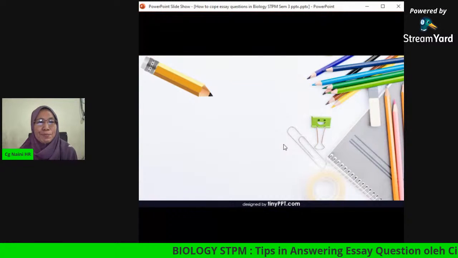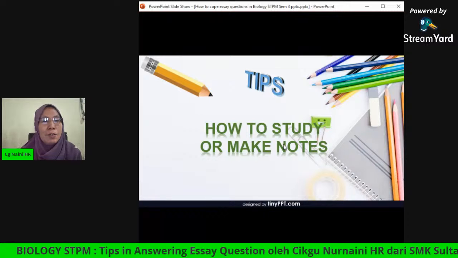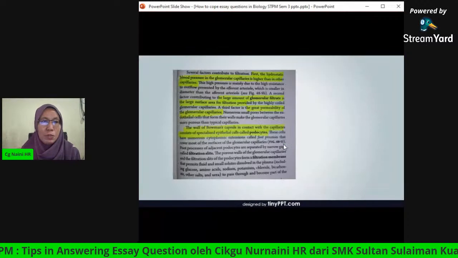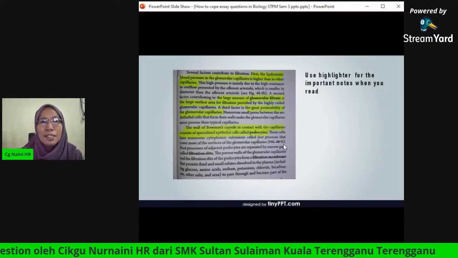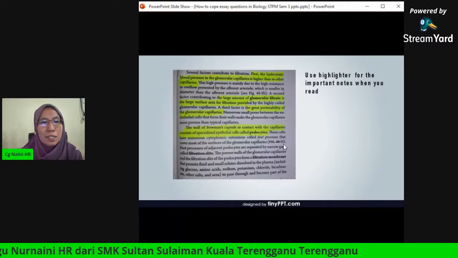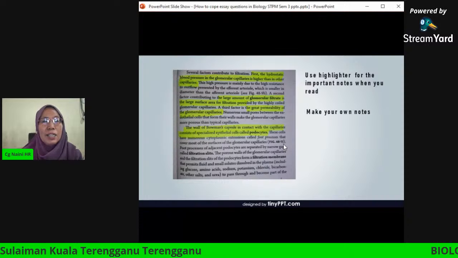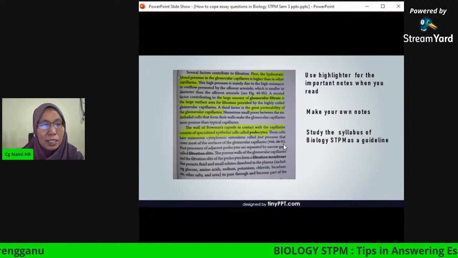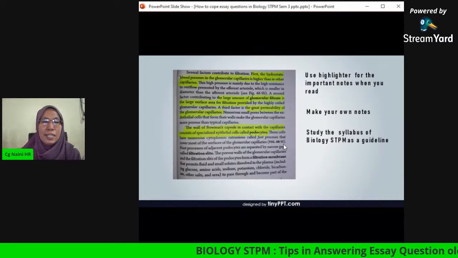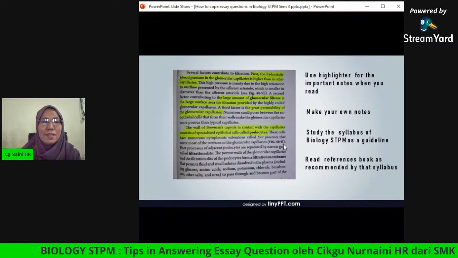Okay, so the tips on how to study or make notes. My students use a highlighter when they read the important notes, and then they make their own notes. Make sure you study the syllabus first, and also refer to the reference books that I recommended before.